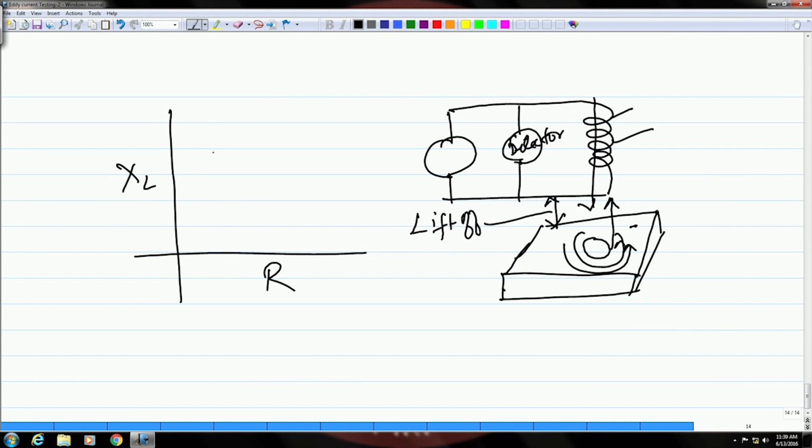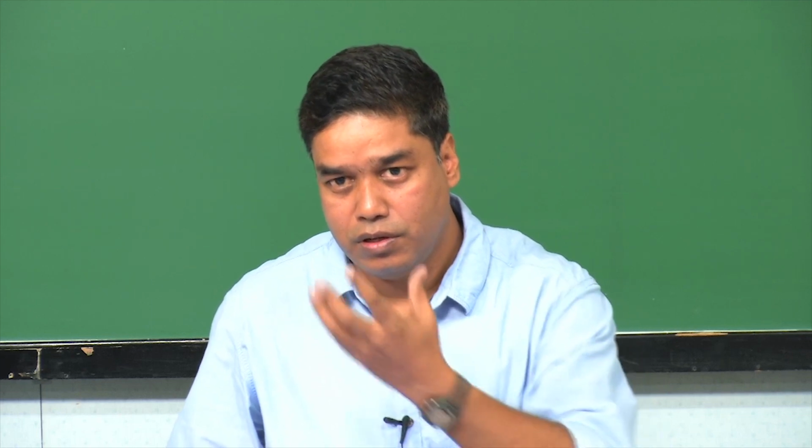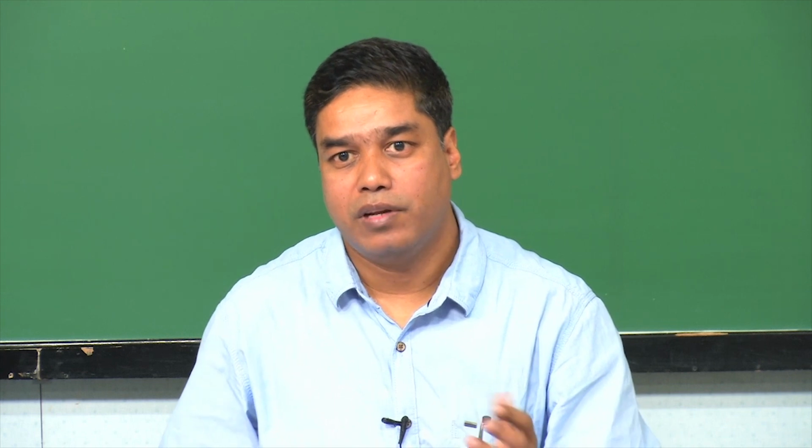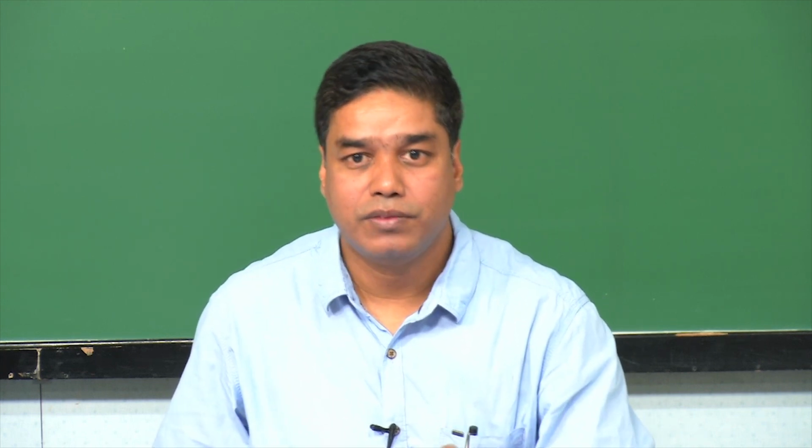So, let us say first you have this lifted away from the sample, that means your coil is in the air, and as you decrease this distance or as you reduce the lift off distance, then the resistance will increase, because as I said, now the eddy currents will be induced.